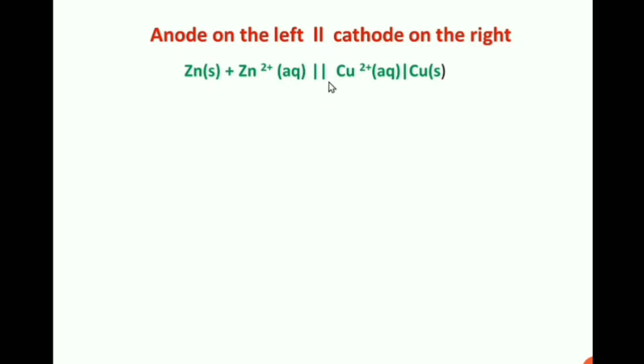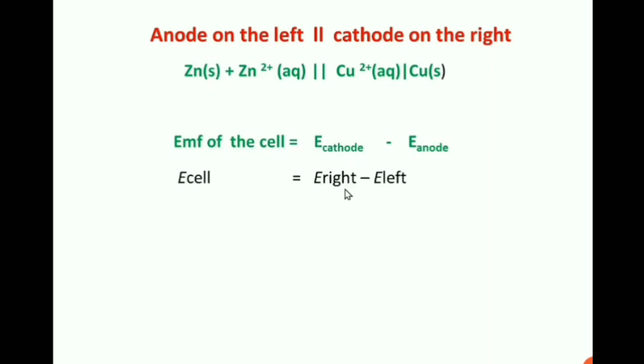The difference in the two electrode potentials is known as cell potential or EMF of the cell. EMF of the cell, or E cell, is equal to E cathode minus E anode, or E right minus E left, because the cathode is on the right side and the anode on the left side.